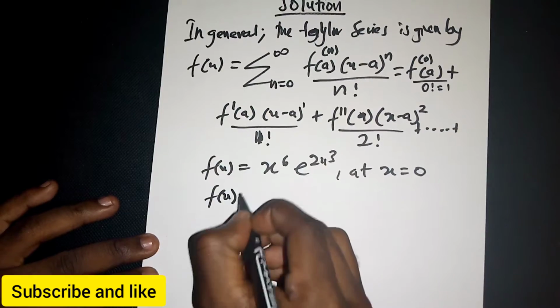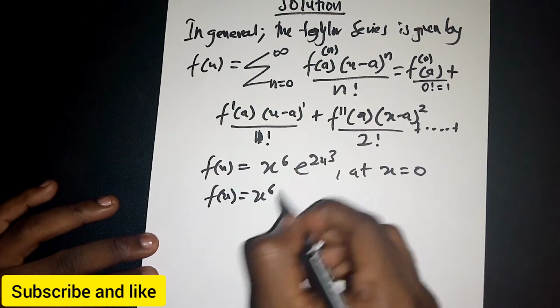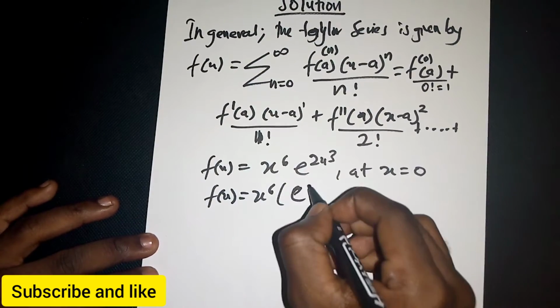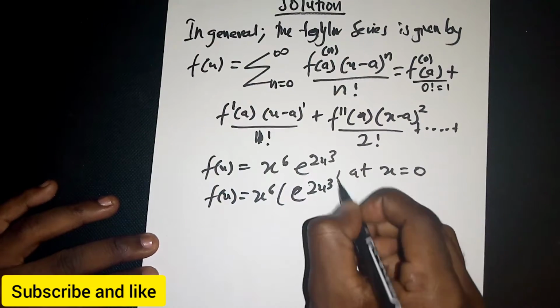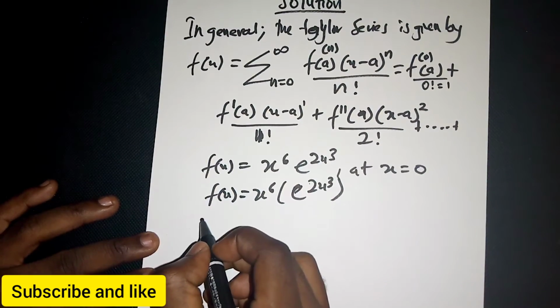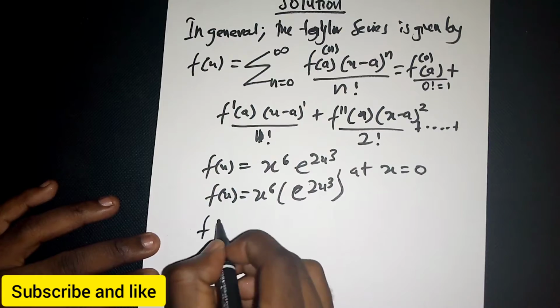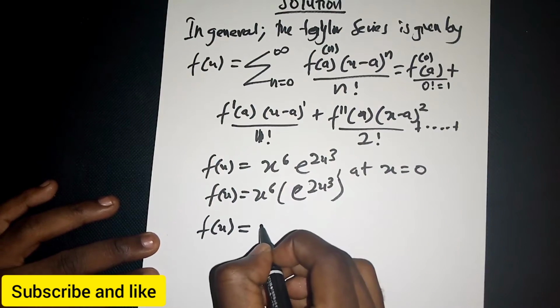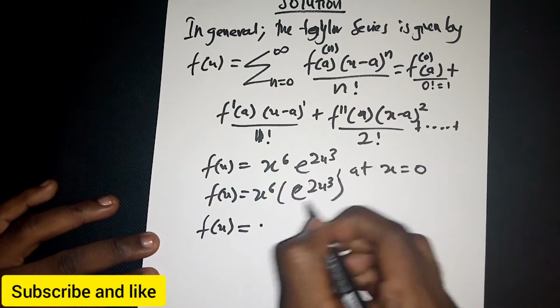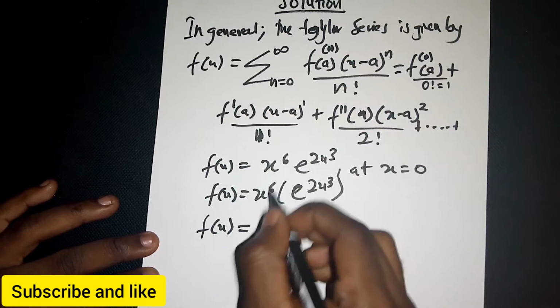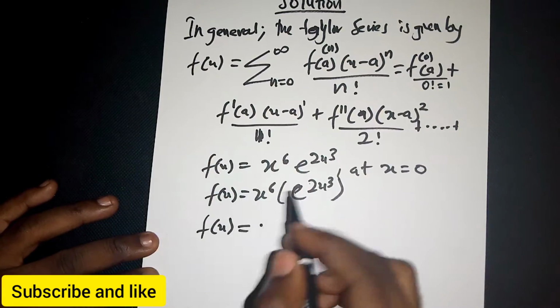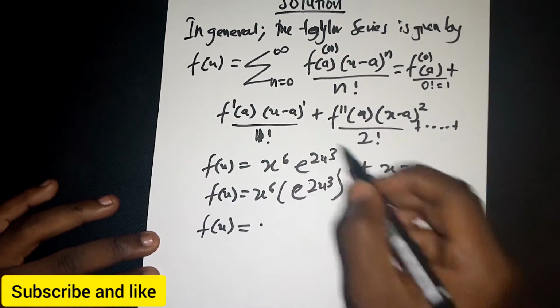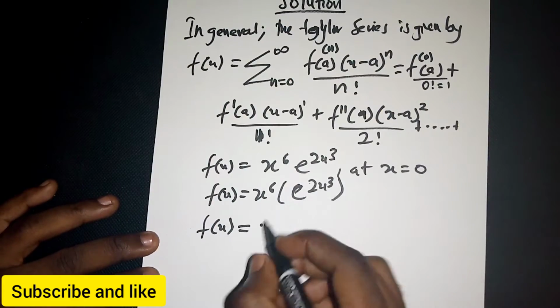We can bring x to the power 6 out so that we can have e to the power 2x cube. So let's write f of x being equal to this. We are going to factorize this out, so that when we get the series of these, we can multiply it with it.